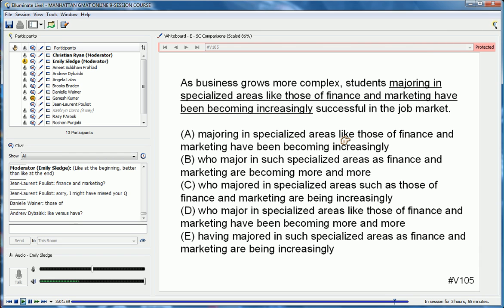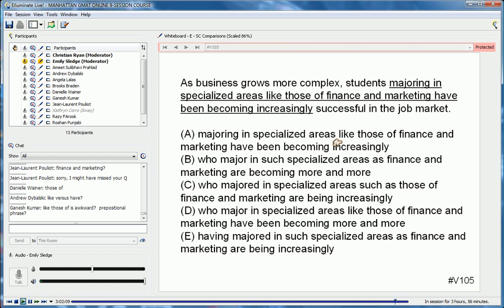So Daniel's citing the those of as ambiguous, awkward, what? Go ahead and elaborate on that. Andrew's citing like versus have. Maybe over here. Like those of is awkward, prepositional phrase.